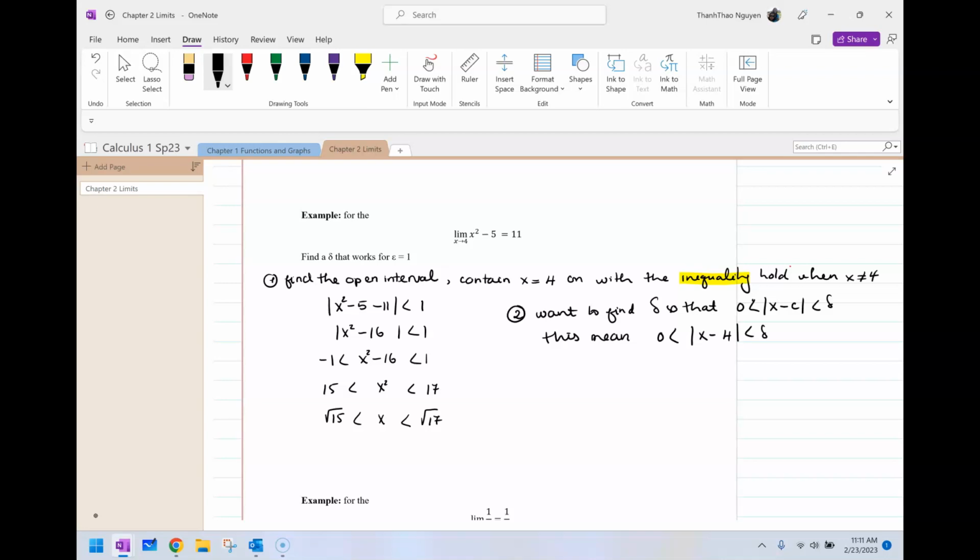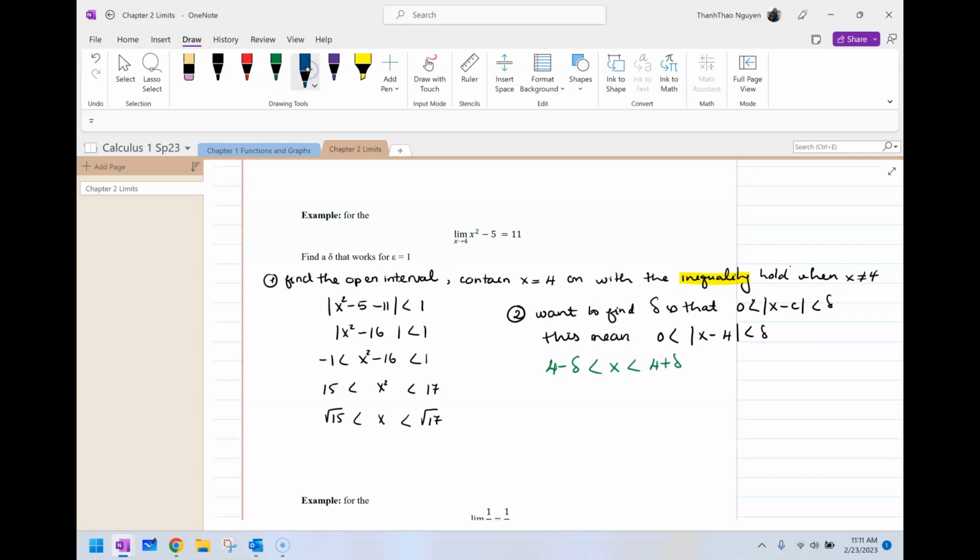We'll place x equals 4 at the center of the interval, so that here we are looking at 4 minus delta being less than x and less than 4 plus delta.